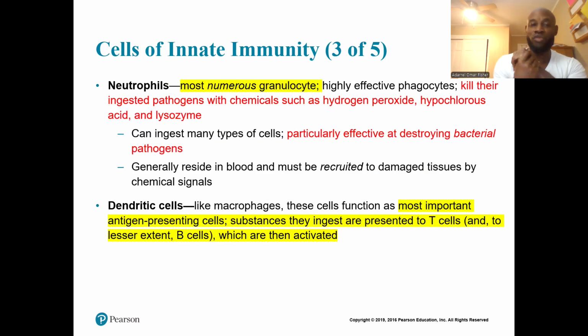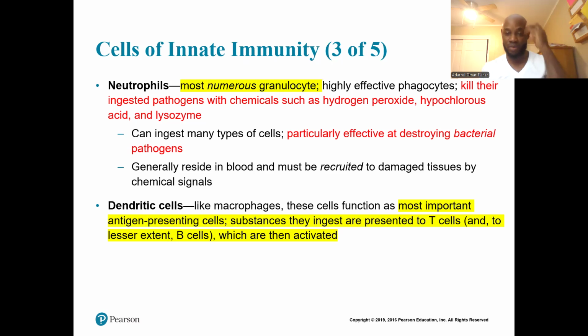Neutrophils are usually the most numerous granulocyte, highly effective, kill their ingested pathogens with chemicals such as hydrogen peroxide, hypochlorous acid, and lysozyme. They can ingest many types of cells, destroy them, generally reside in the blood, and must be recruited to damaged tissue by chemical signals. Dendritic cells, like macrophages, function as most important antigen presenting cells.